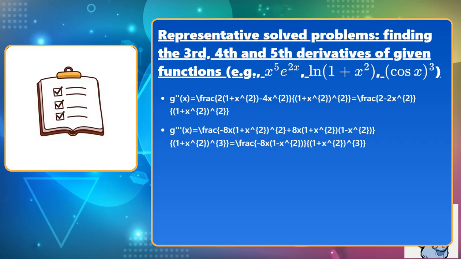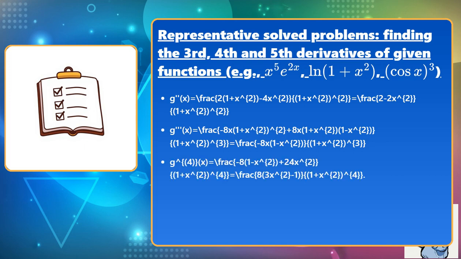G triple prime of x equals open bracket negative 8x times open bracket 1 plus x squared close bracket squared plus 8x times open bracket 1 plus x squared close bracket times open bracket 1 minus x squared close bracket over open bracket 1 plus x squared close bracket cubed equals negative 8x times open bracket 1 minus x squared close bracket over open bracket 1 plus x squared close bracket cubed.